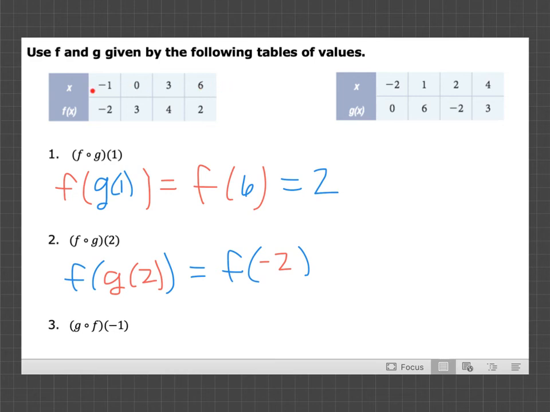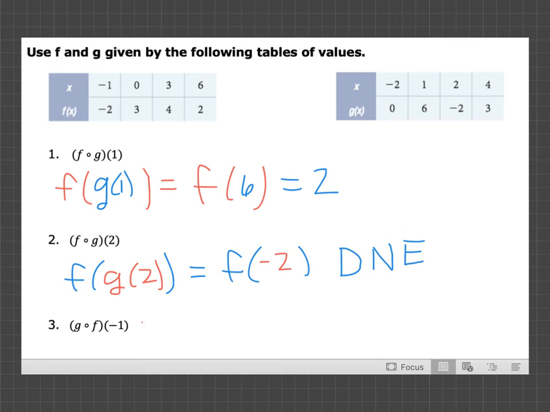Well, there isn't one. We have 4 values possible for x, and none of them are negative 2. So since there is no value of negative 2 listed, this function value does not exist. We cannot come up with where the function f is evaluated at negative 2. It doesn't exist.